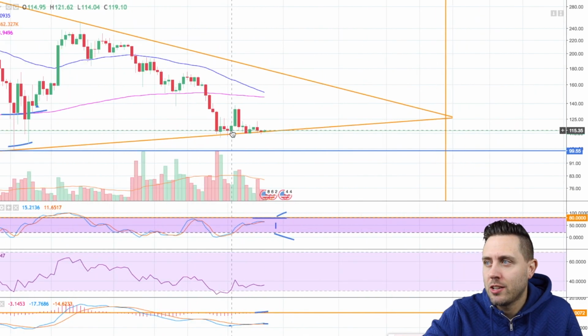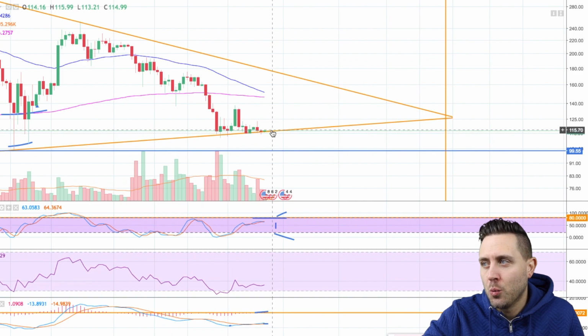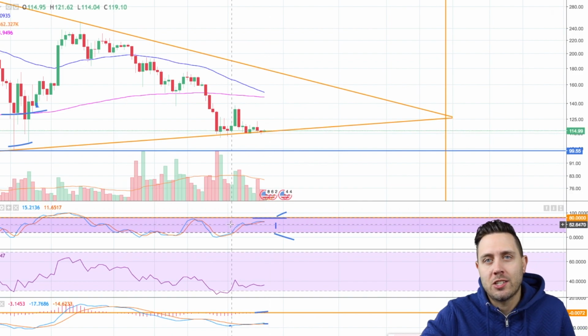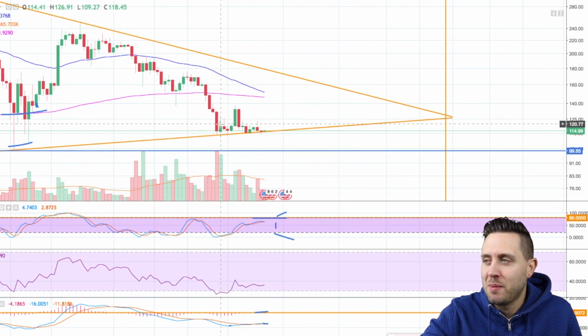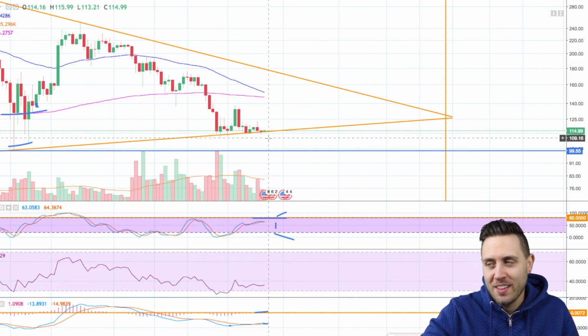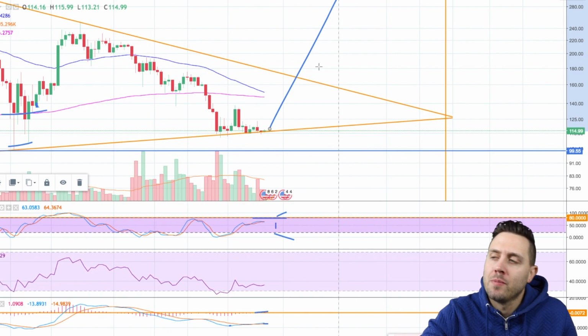You can look at the consolidation. We've just fizzled out at the bottom of this triangle. So with that in mind and these indicators, you would hope that these indicators are true and we're ready for a breakout.